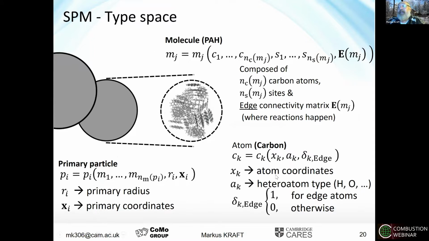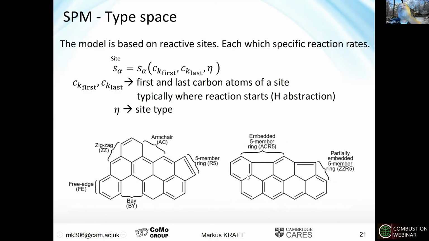We have then the atom coordinates. We know whether a carbon is connected to any other atom. We know whether a carbon is either on the fringe of a PAH or not. And with that model, we are able to formulate reactions that happen on the functional sites of such a carbon.